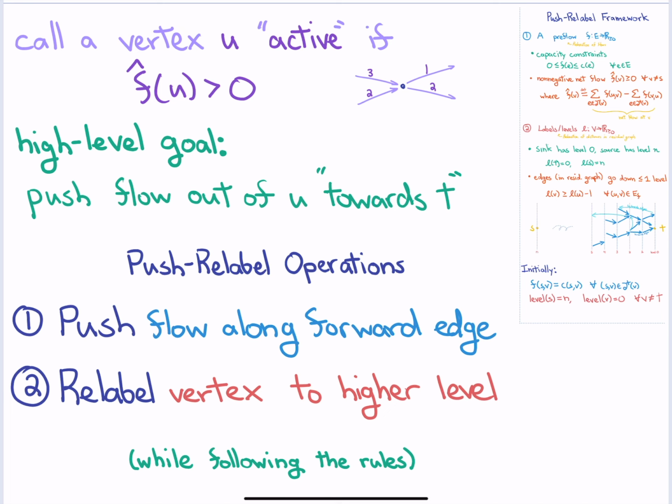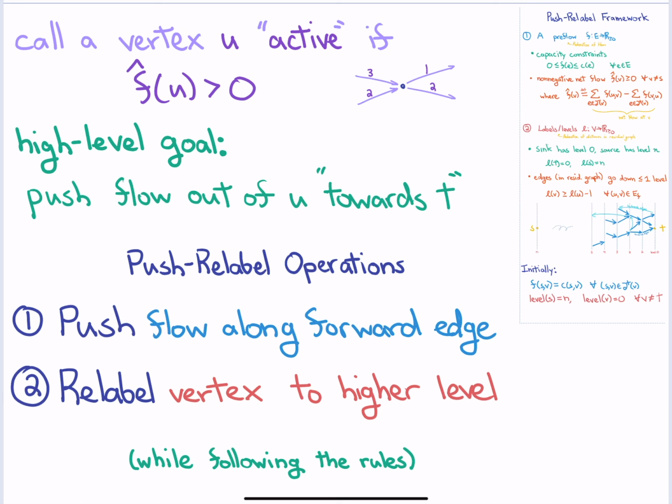A forward edge is the one that goes from level 10 down to level 9, or level 9 to level 8. So it will never push flow to higher levels. If a vertex is at level 10, it can only push flow down to level 9. A vertex at level 5 can only push flow down to level 4. We call those forward edges when it's going down one level.